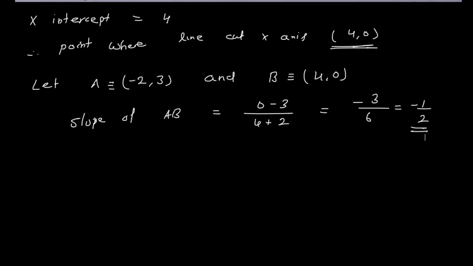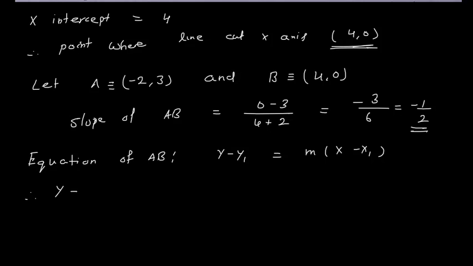Now we get the slope of AB. Now therefore equation of AB. So equation of AB we will get y minus y1 is equals to m into x minus x1. So therefore y minus, the value of y1 is 3.